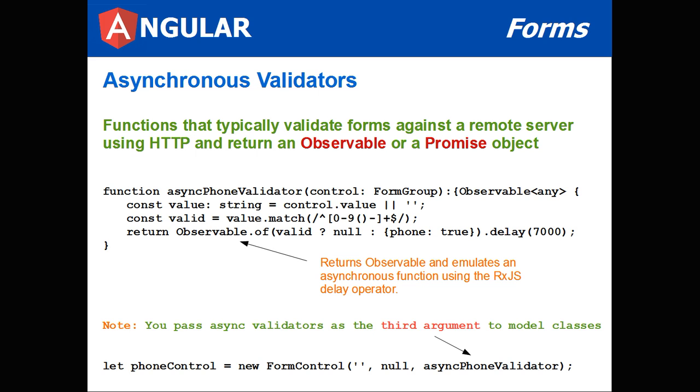Okay, then there are asynchronous validators, functions that typically validate forms against a remote server using HTTP and return an observable or a promise object. You could have a function and call it async phone validator, and basically it returns an observable, and we just simulate that by using this delay 7000 function, which is in the RxJS package, just to mimic an asynchronous validator.